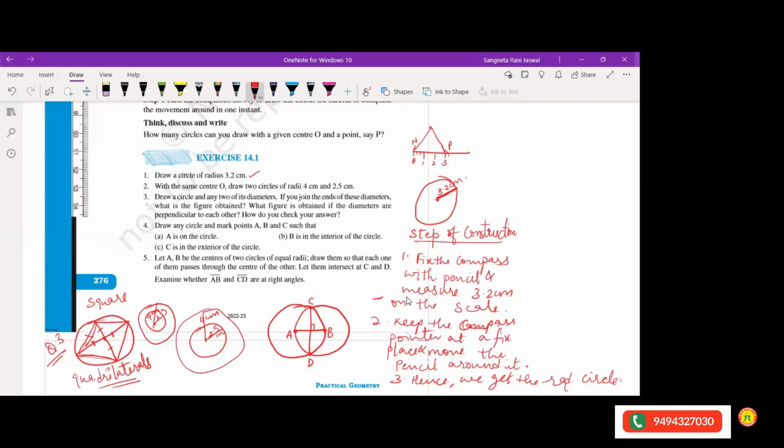Ma'am, I can't understand what's the use of this. After keeping the points, we have to measure with the protractor what angle there is between AB and CD. Is it 90 degrees or not? That you have to see.